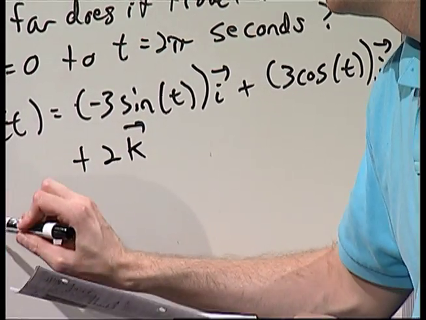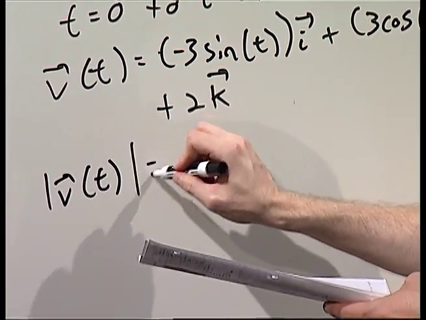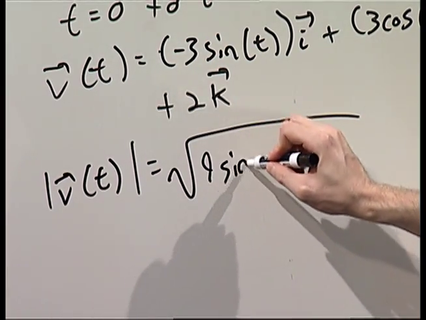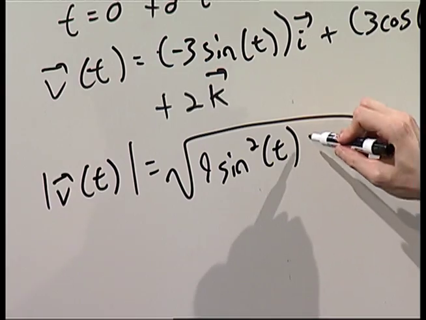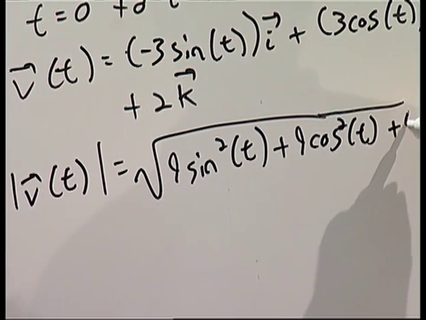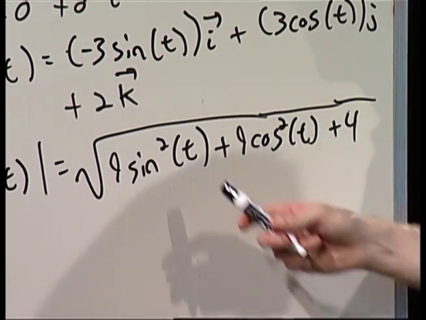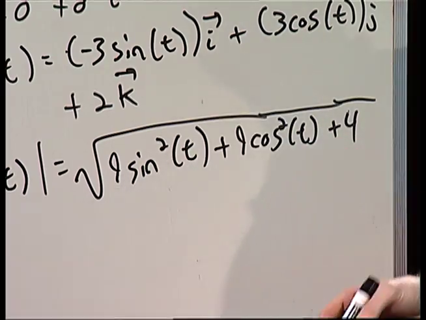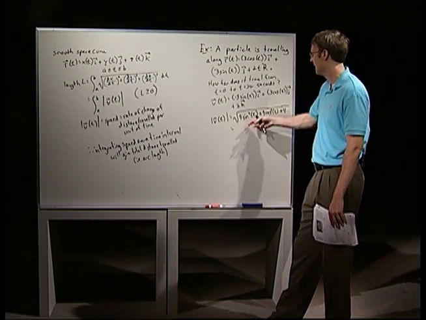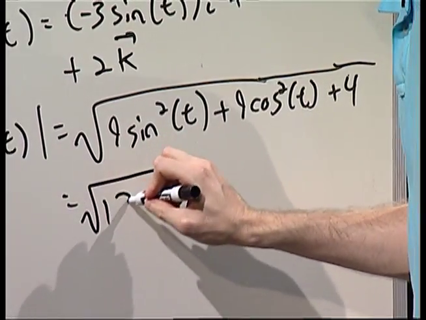And then my length of velocity ends up being the square root of 9 sine squared t plus 9 cosine squared t plus 4. And so we see that with a helix, this is nice and easy to do. Normally, this would be difficult to integrate. But this is simple. You can factor out a 9 here and get sine squared plus cosine squared. That's 1. So this winds up just being root 13.